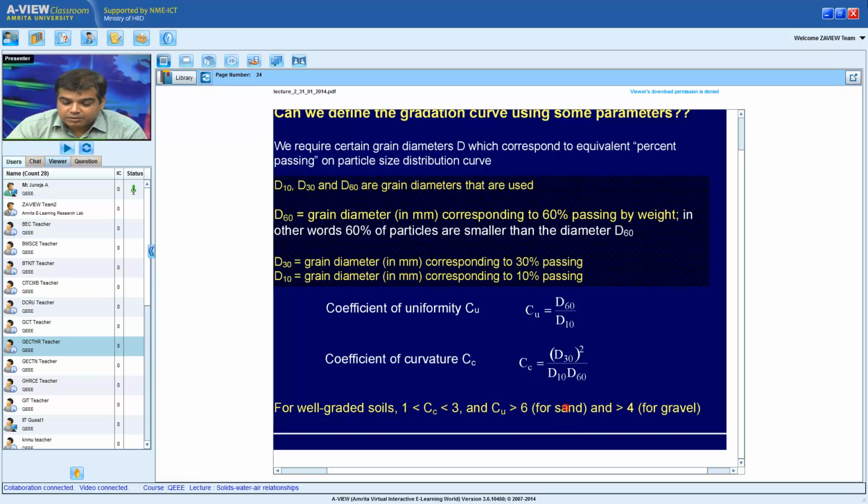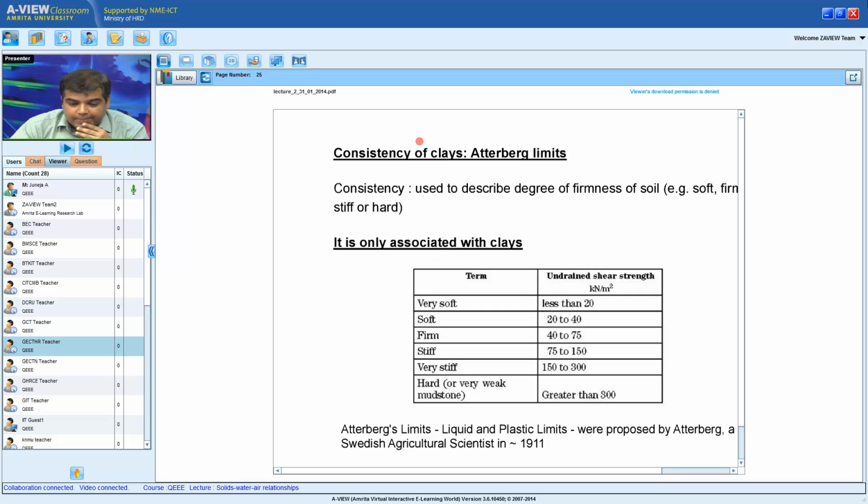And if Cu is more than 6, we say it is well graded sand. Remember, we have to look at the curve to evaluate whether it is sand or gravel. This will come in the classification system. But if you're looking at sand, and Cu comes to be more than 6, you say it is well graded sand. Likewise for gravel, you look at the number. So I'll leave grain size distribution here, which should lead to the classification system. That is left to your center.